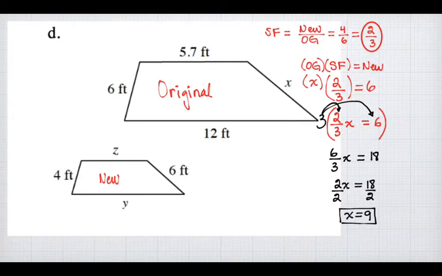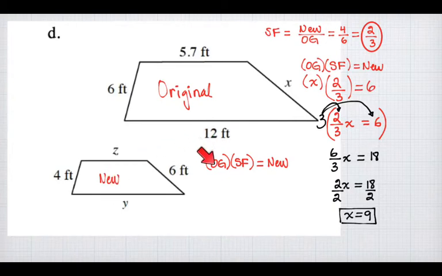Okay, so next we're going to try to find the value of y. And we're going to use the exact same formula: original times scale factor equals new. And we're trying to determine the value of y, so we need a corresponding side to y, which would be what? 12. Now, between 12 and y, which one is the original? 12.